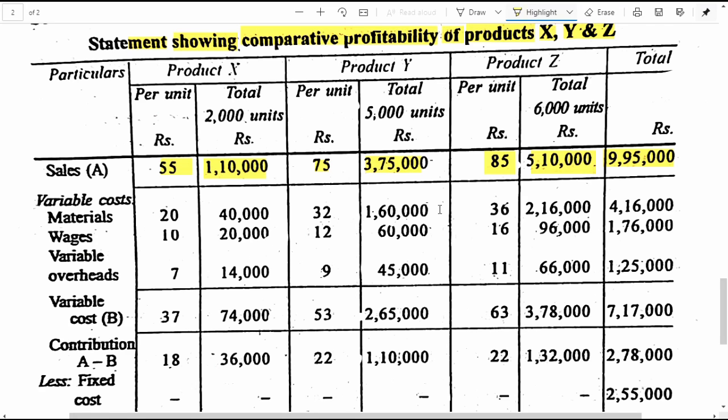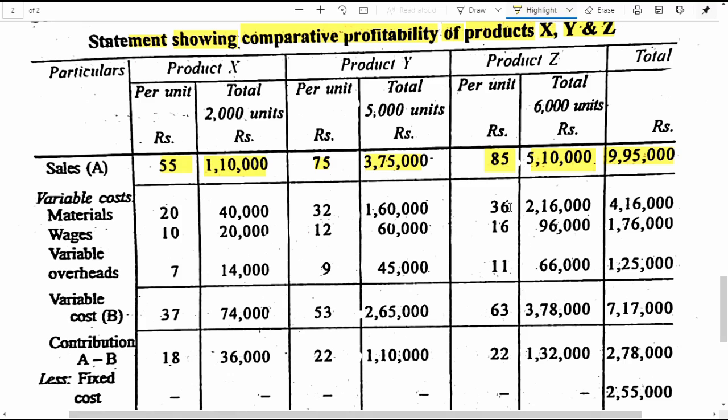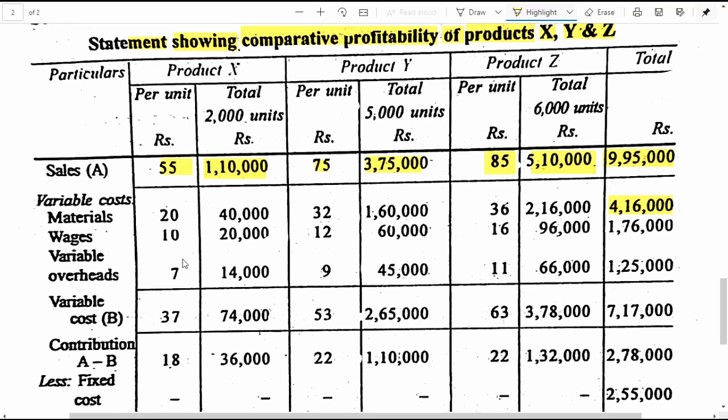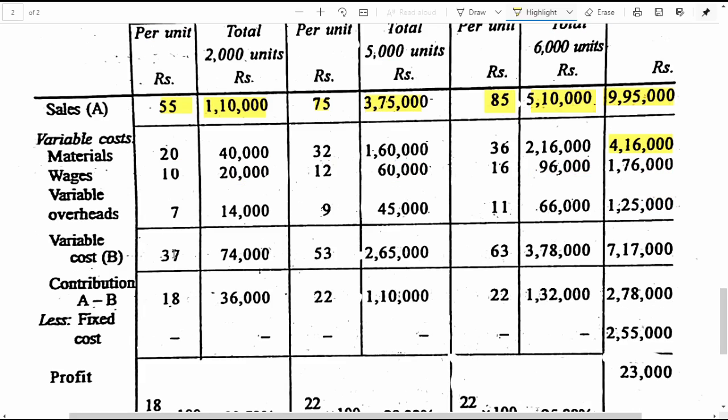It comes to 1,60,000. Similarly for Z, it is 36 rupees material cost per unit into 6,000 units, it comes to 2,16,000. So total material cost for all the 3 products comes to 4,16,000. Similar working is done for wages and variable overheads also. Now total variable cost is given with the character B, whereas sales is given with the character A.